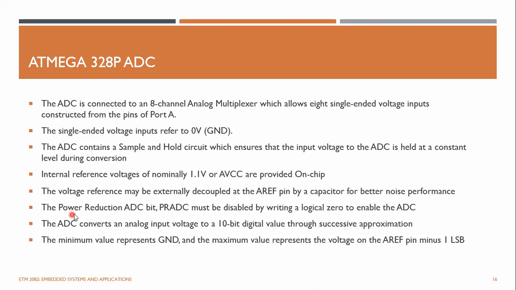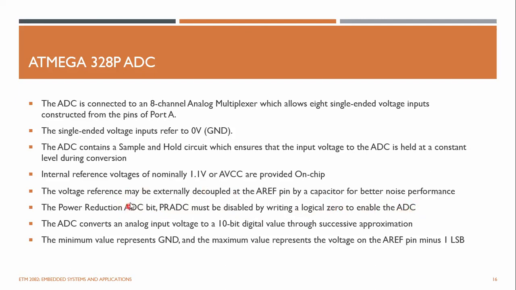Normally the ADC in the microcontroller consumes power. When you are not using the ADC, you should disable it. You can control this with PRADC, the power reduction ADC bit: writing logic 0 lets you enable the ADC, right?